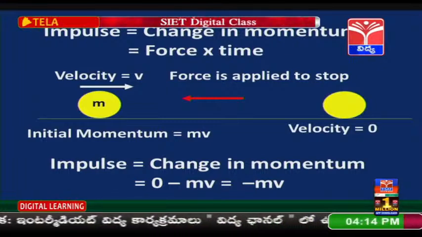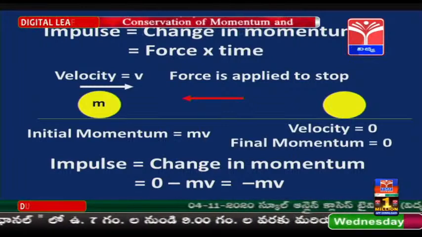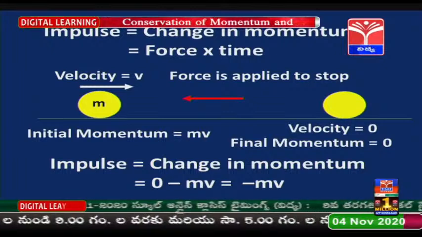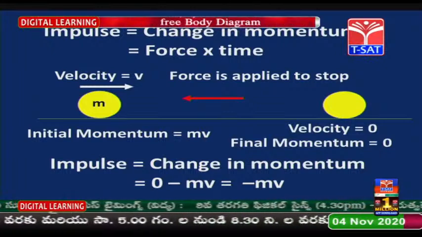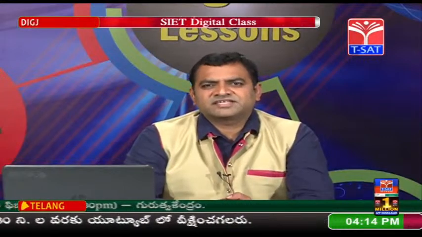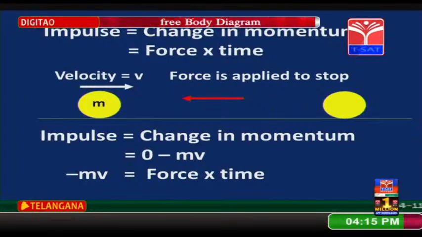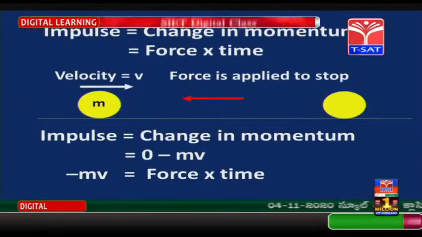The impulse is change in momentum. The final momentum is 0. So, change in momentum is 0 minus mv, which is equal to minus mv. The negative sign here indicates that the momentum is decreasing. So, whenever the force is opposite in direction, the momentum decreases. So, the impulse is minus mv, which will be equal to force into time.